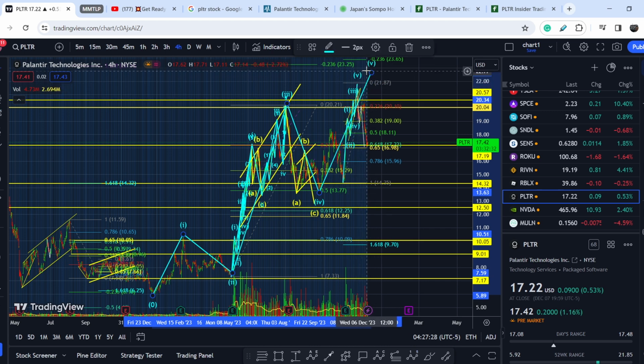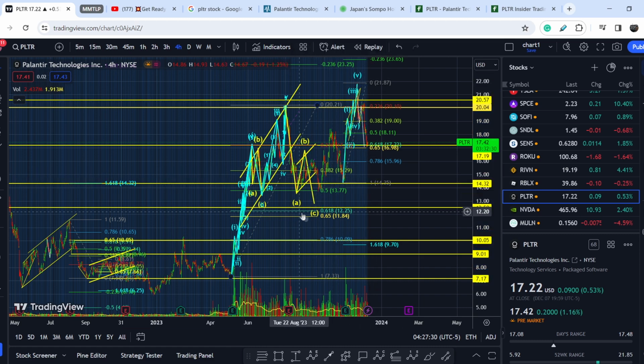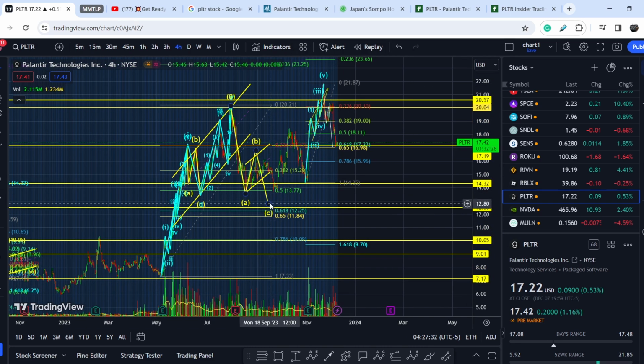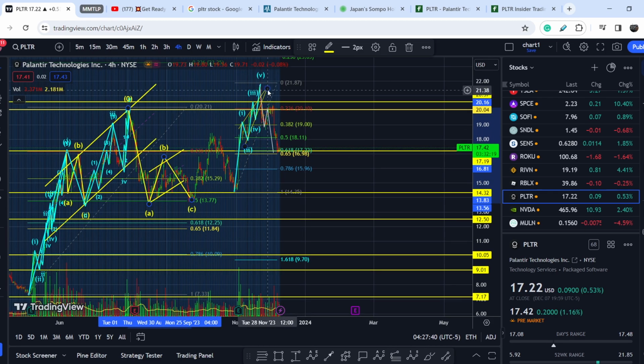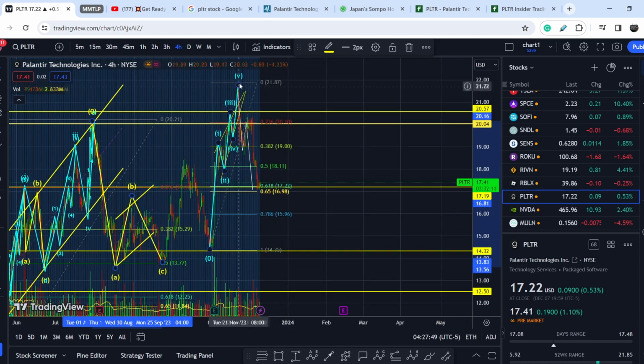And this is a quite tricky situation, because on the one hand, let me show you this ABC correction as a double bottom pattern, and it is quite bullish. And we don't have a 5-wave structure to the upside from this bottom, and this means we have to have at least one more leg to the upside that will break this swing high.